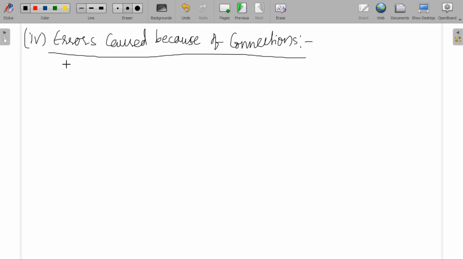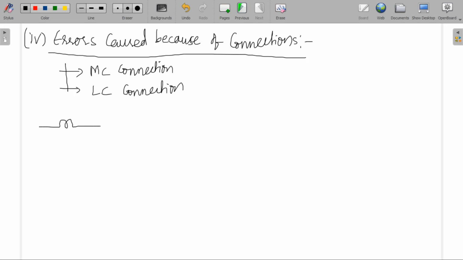What are they? They are MC connection and LC connection. Normally the current coil is in series with the load, and the pressure coil is across the applied voltage, right?